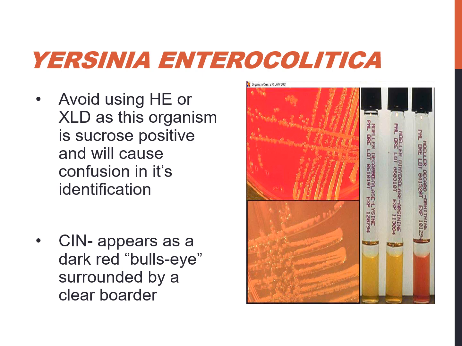It is selective for Yersinia enterocolitica, and the organism appears as a bullseye where it has a pink center and a clear border. That is very typical of Yersinia enterocolitica. And again, we do want to attempt to grow these at room temperature. They grow at 35 degrees, but they prefer 25 degrees Celsius.